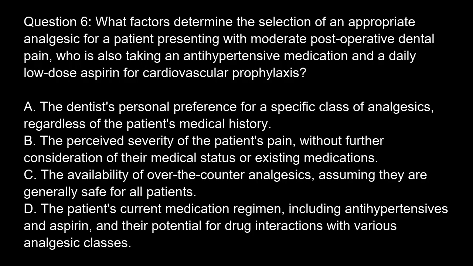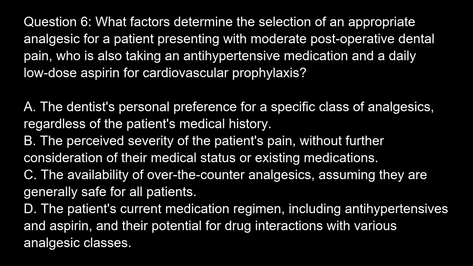Question 6. What factors determine the selection of an appropriate analgesic for a patient presenting with moderate postoperative dental pain, who is also taking an antihypertensive medication and a daily low-dose aspirin for cardiovascular prophylaxis? Option A. The dentist's personal preference for a specific class of analgesics, regardless of the patient's medical history.